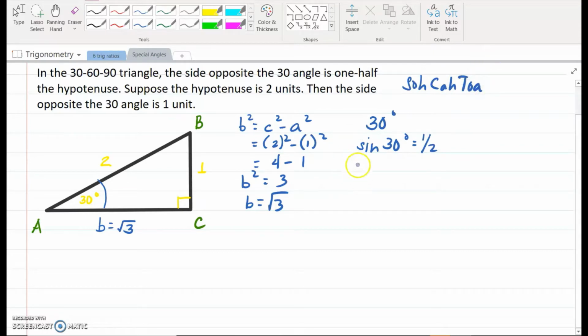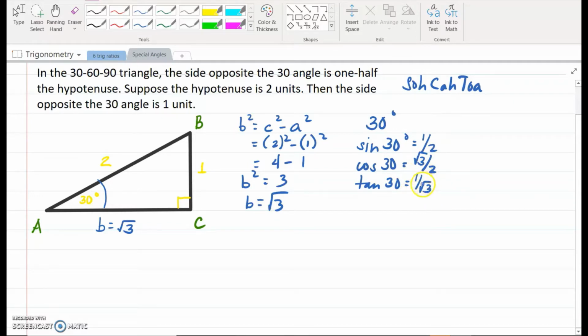Okay. Next we have cosine 30. So cosine 30 is ka, adjacent over hypotenuse. So that will be square root of 3 over 2. And then tangent 30 will give us TOA. So that is actually 1 over square root of 3.